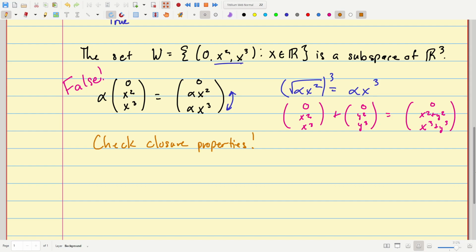Now, it isn't a guaranteed check, but the easiest way to reject a potential subspace is if it doesn't contain the zero vector. If I ask you if something's a subspace and it doesn't contain 0, then it can't be a subspace. But that only tells you when something's not a subspace. There are plenty of things that have 0 in them that are not subspaces, like this one. The 0 vector is part of this, but it fails the closure properties anyway.